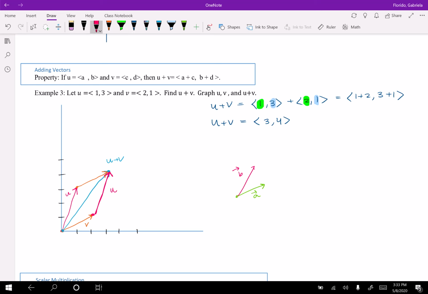If I move my vector b, keeping the same magnitude and same direction, so the initial point is at the terminal point of my vector a, then the vector created from the initial point of vector a all the way to the terminal point of vector b is going to be vector a plus vector b.